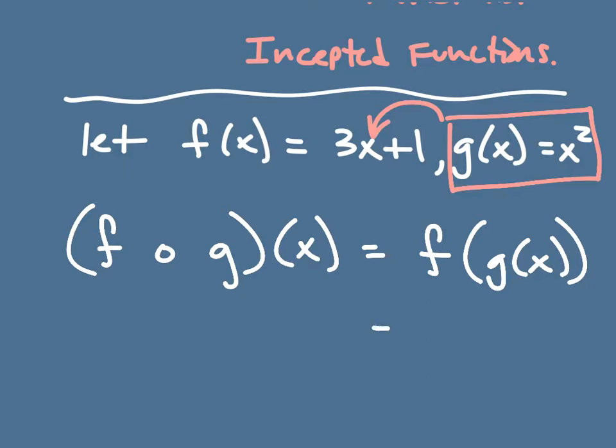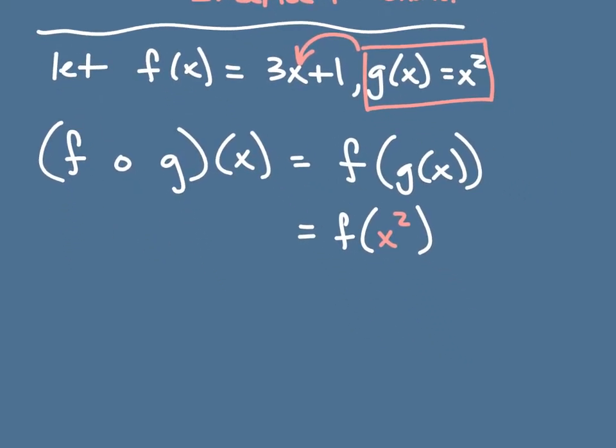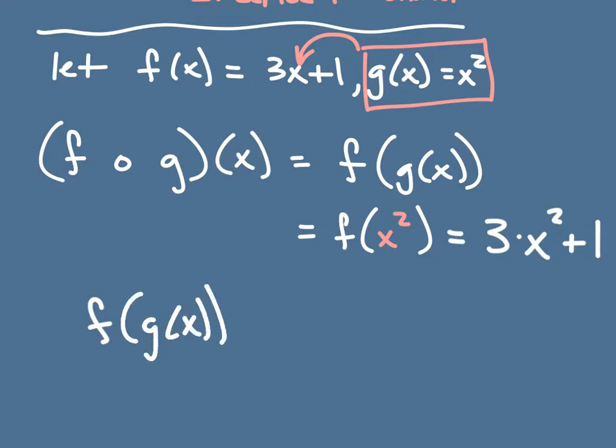So really what this is going to look like is f of x squared, because I'm plugging my function g, which is x squared, into my function f. And as a result, we get 3 times x squared plus 1. So f of g of x is going to be 3x squared plus 1.